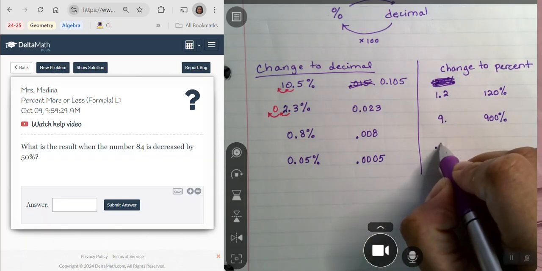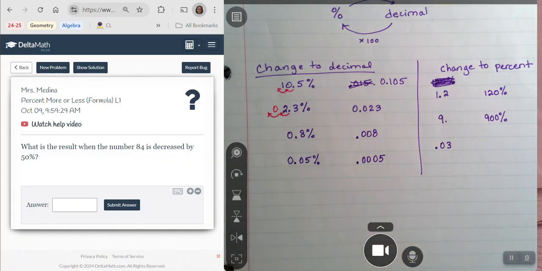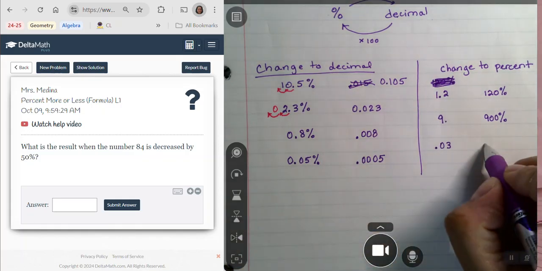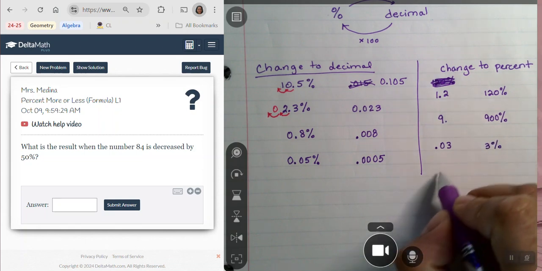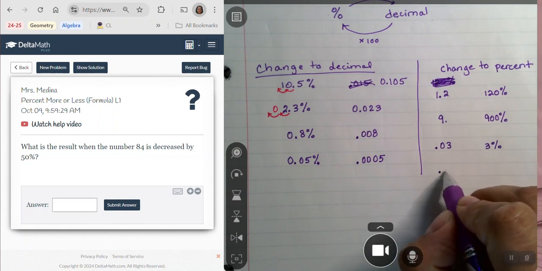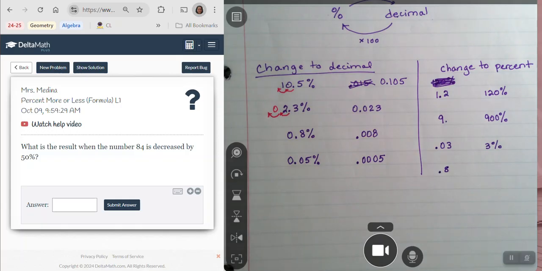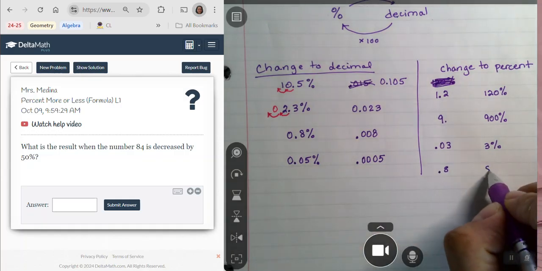What if it's 0.03? What percentage is that? 3%. What if it's 0.8? 80%.